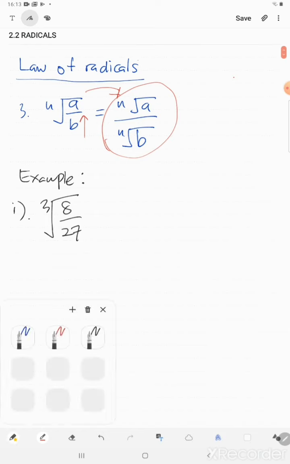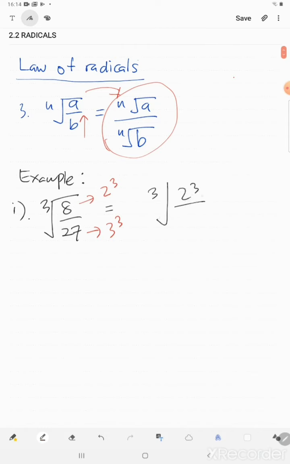Here we have one example: the cube root of 8 divided by 27. We know that 8 is equal to 2 to the power of 3 and 27 is equal to 3 to the power of 3, so we can write it like this and also write it separately.